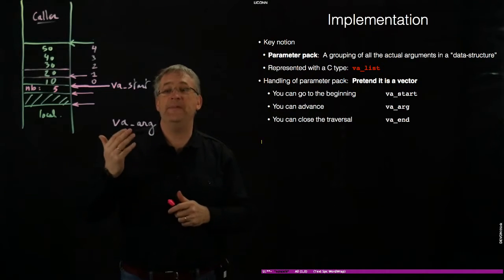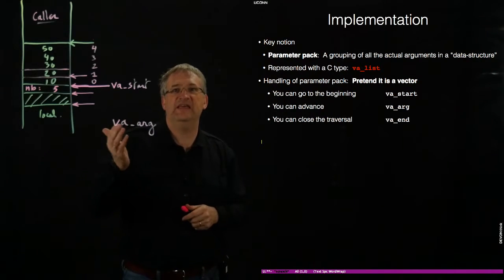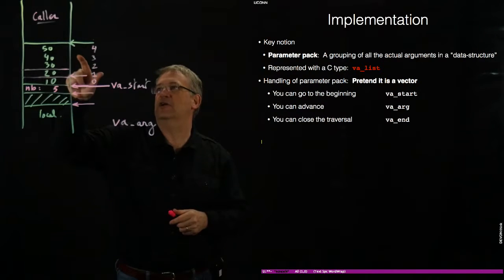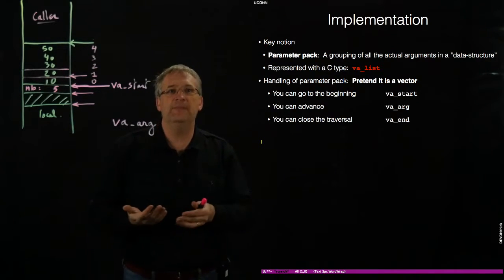And of course, by repeatedly calling va_arg, you can keep moving to go to this address, then this address, then this address. So you can keep moving it.